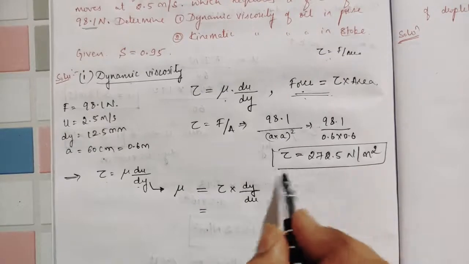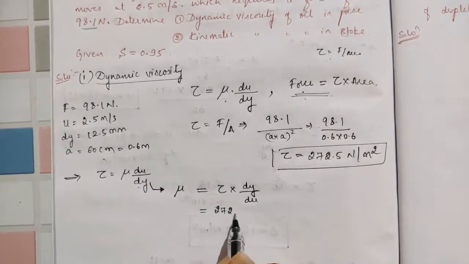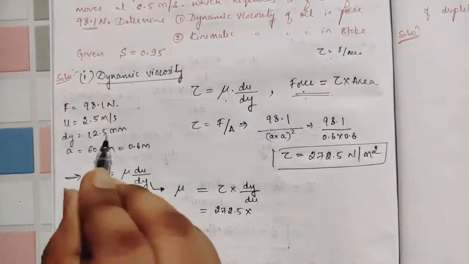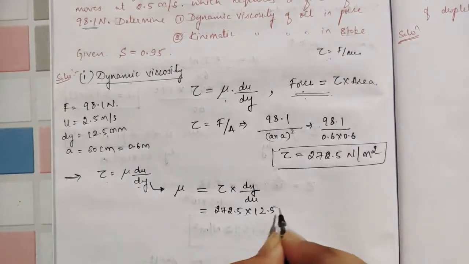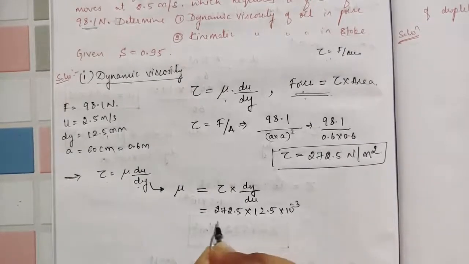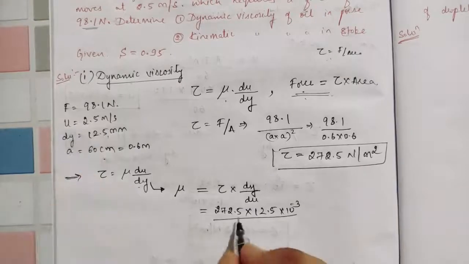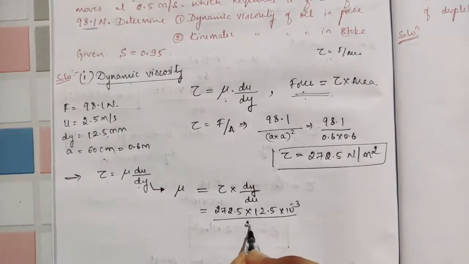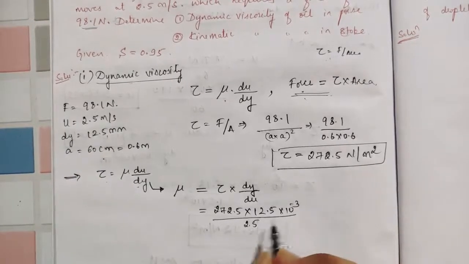Tau is 272.5, dy is 12.5 into 10 power minus 3, divided by du, which is 2.5 meter per second.